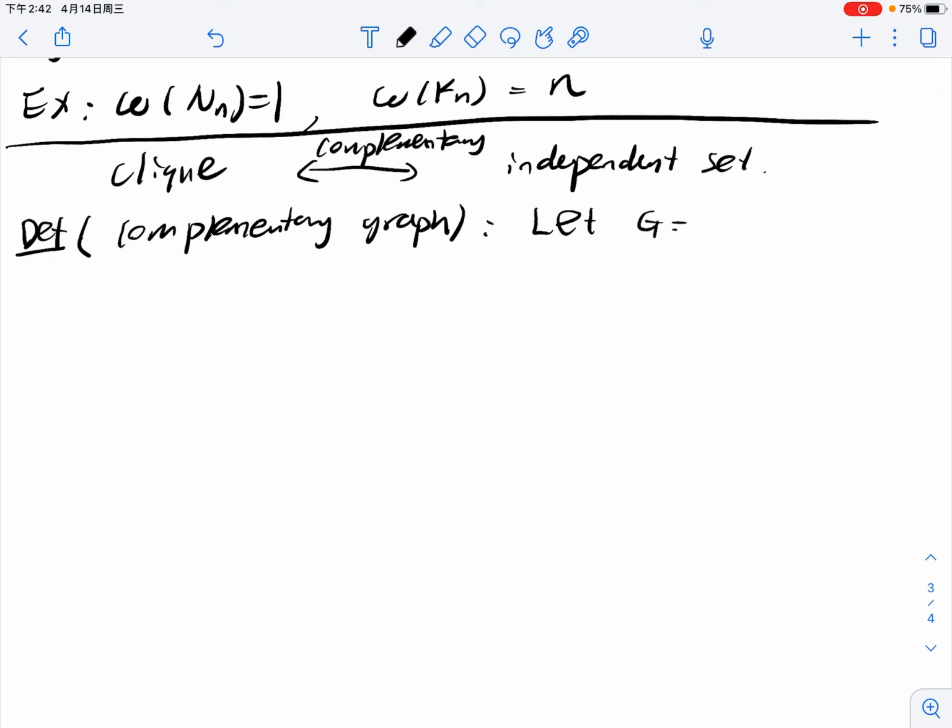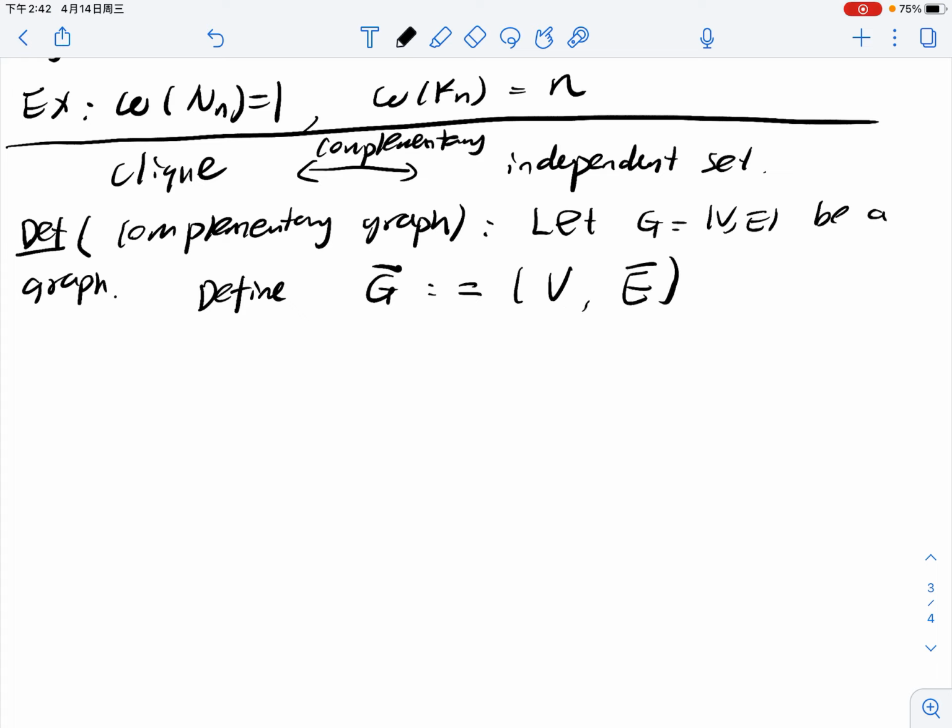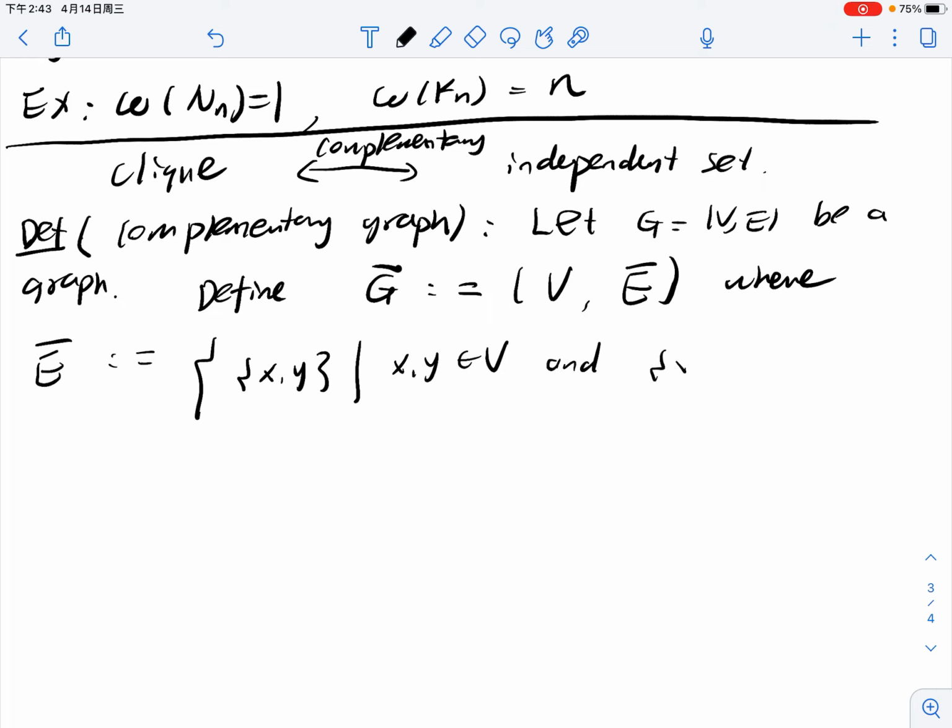Here let G be a graph, and then define G bar to be (V, E bar), where the edge set E bar consists of all pairs of vertices in V such that the pair is not in E. So you take the complement of the edge set E as the edge set of G bar.